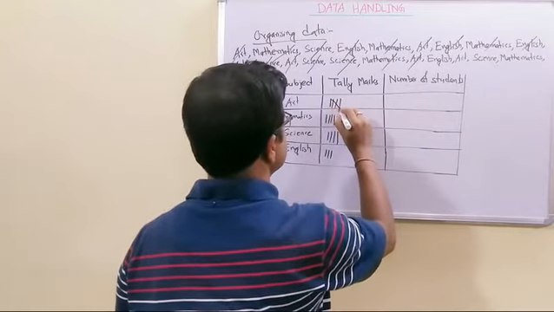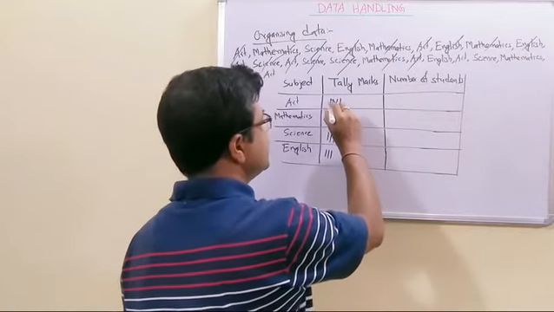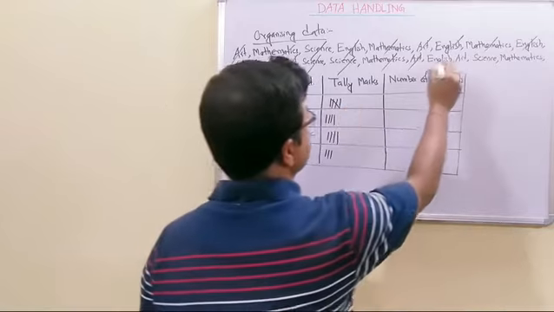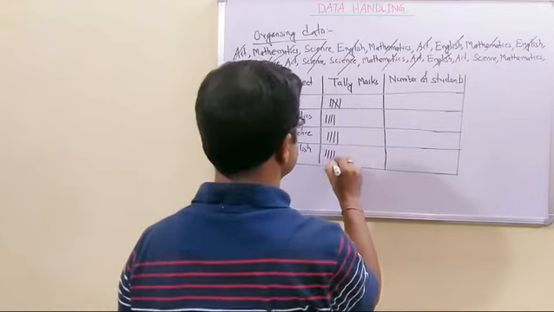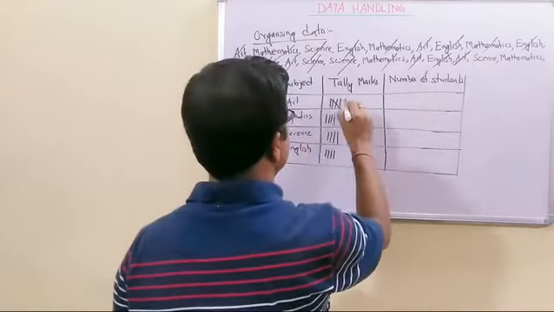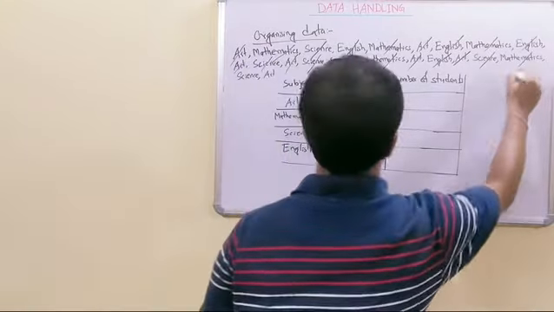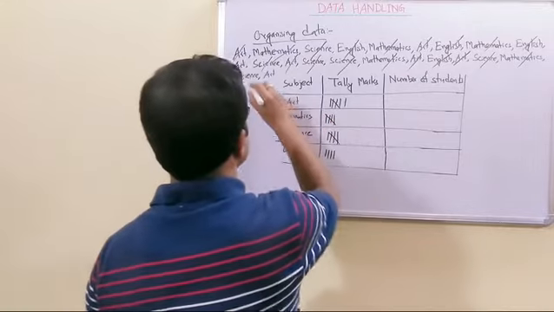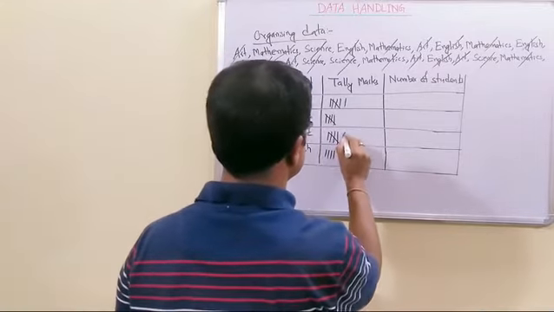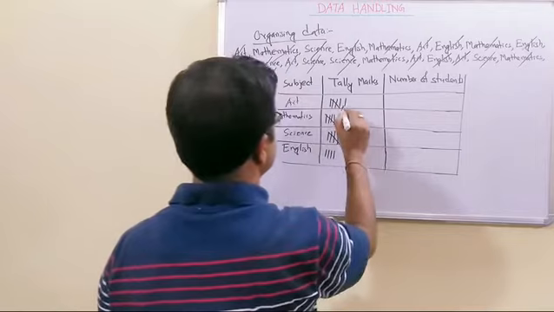Now we shall represent it like this. When it reaches 5, we'll cross it like this. Then English, art, science like this, mathematics like this, science 1, art.